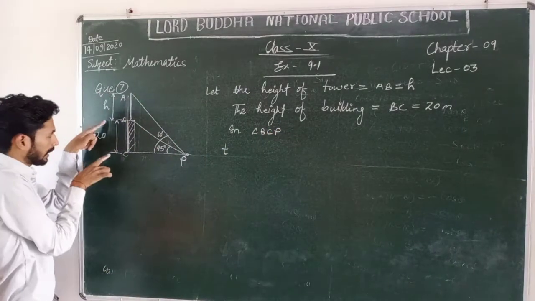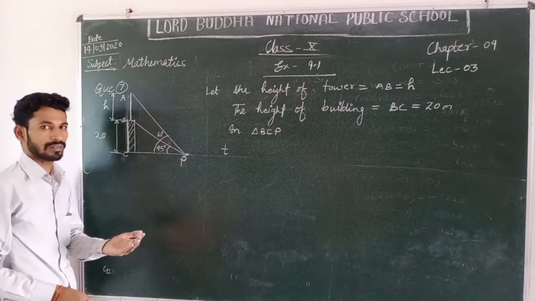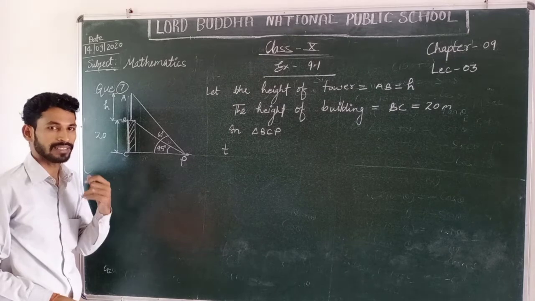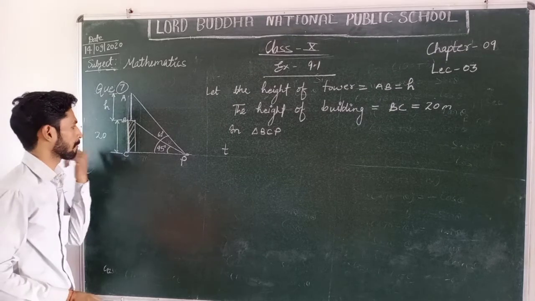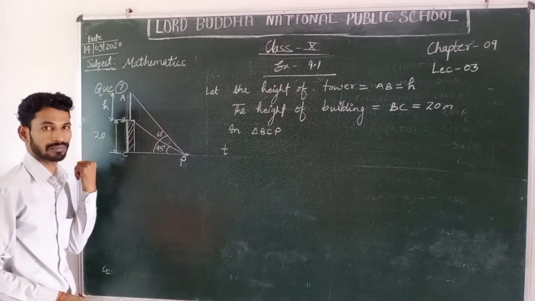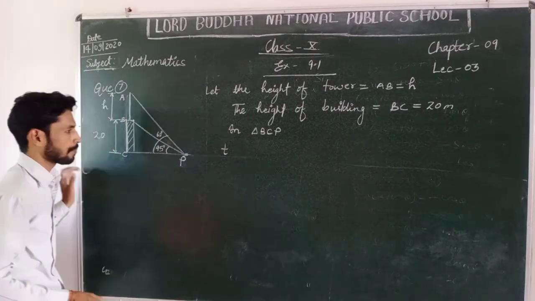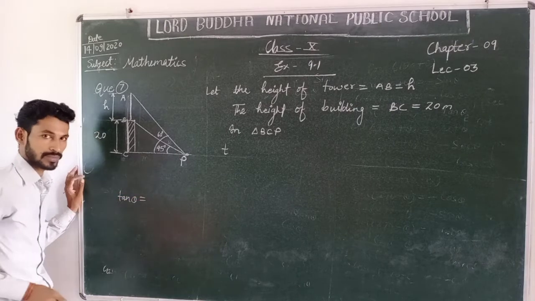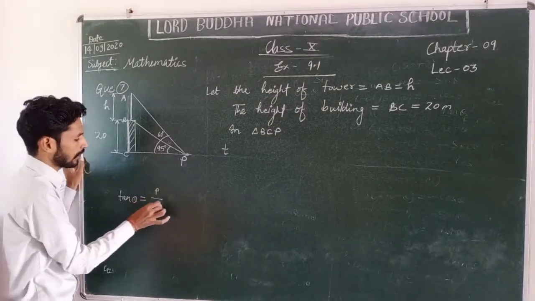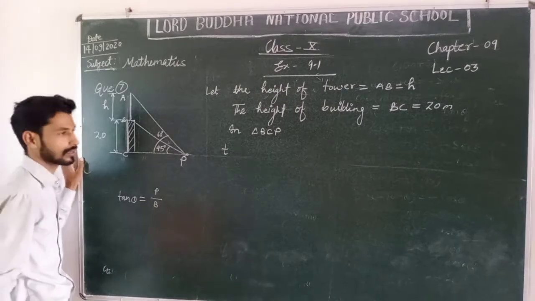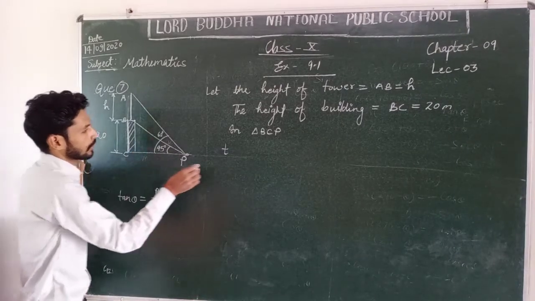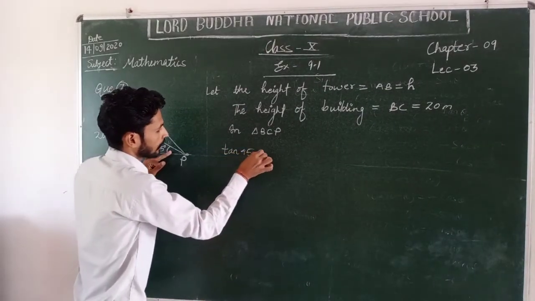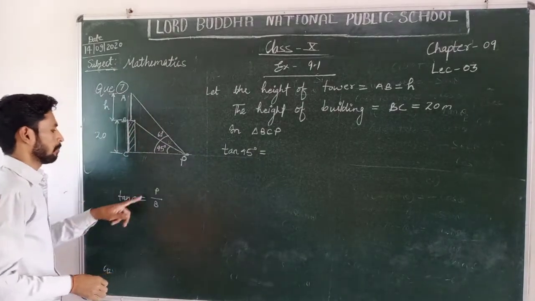here is the perpendicular and base. Which trigonometric function represents the ratio of perpendicular and base? We can say that tan theta is perpendicular upon base. So in this triangle we can take tan, here is the angle 45, so write tan 45 equals perpendicular upon base.